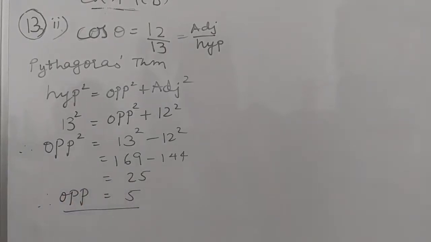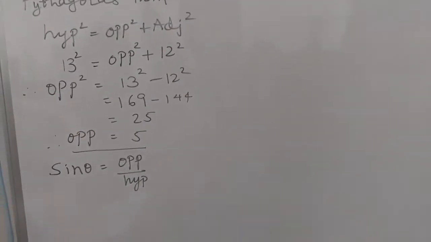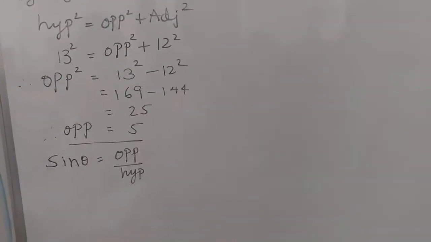Now we can find sin theta and tan theta values. So sin theta I am writing here, it is opposite upon hypotenuse. Now you should remember, all the students, that sine means SOH. That is opposite upon hypotenuse. So likewise you can write your sine and tan ratio.